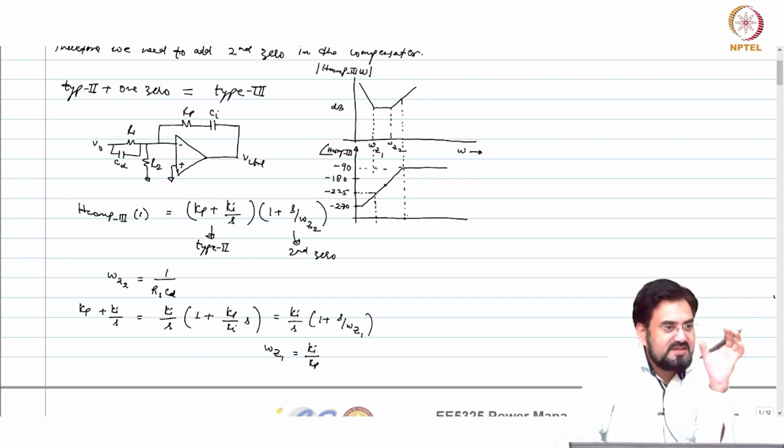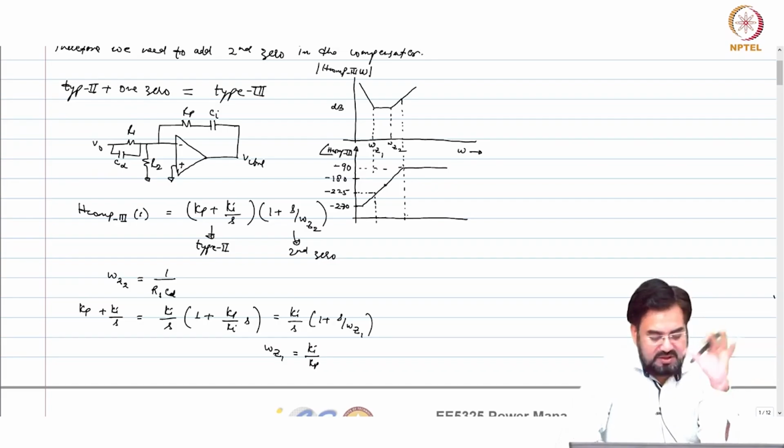So you want to maximize the phase. The phase margin is coming only because of omega Z2, because omega Z1 is only cancelling the integrator. So the phase is neutralized here: plus 90 minus 90, gone, 0. Now the phase boosting you are getting only because of omega Z2.